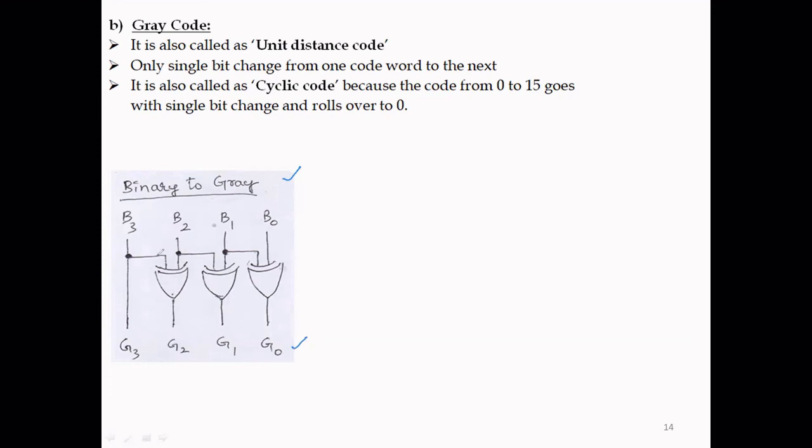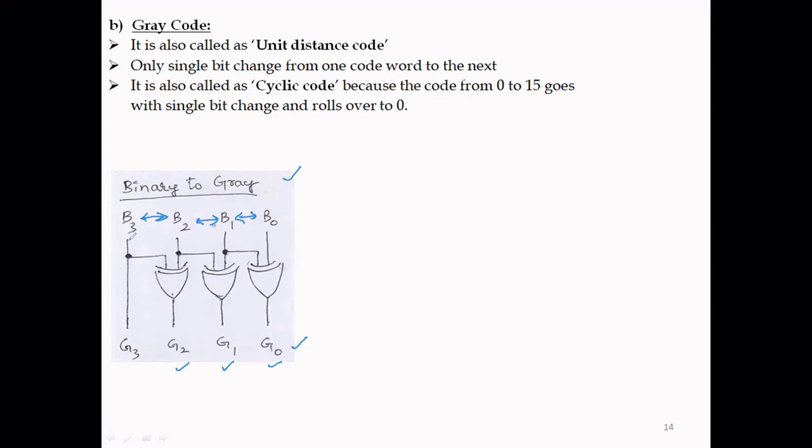So what is the procedure? Take the MSB directly as the MSB of the gray code, and these two XOR and take the value G2, and these two XOR take the value of G1, and these two XOR and take the value of G0.